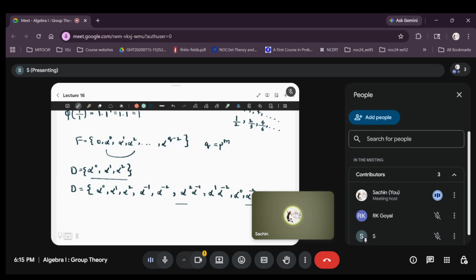You take the product of all the elements. If you get a new element, you add it to this list. Then take the product of that element with everything else. If you get a new element, keep adding. Keep doing this until you don't get new elements anymore. Then at that point, it would be a field because every element you have already added inverses of each of these elements.